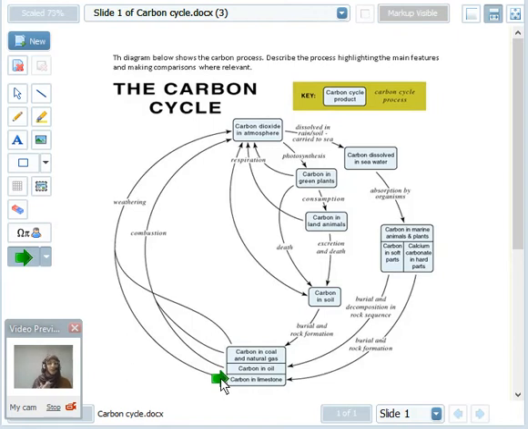So I'm making it quite clear that I'm talking about the main features. You don't have to talk about these little features here, unless you want to and you have enough time. Again, you have to remember time has to be of the essence, and you should really just focus on the main features.